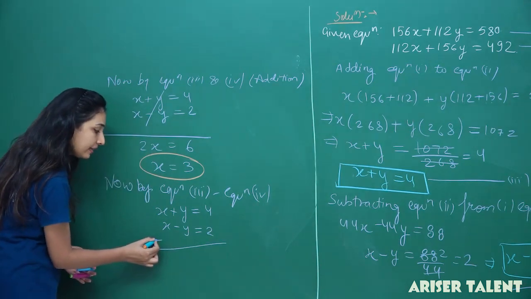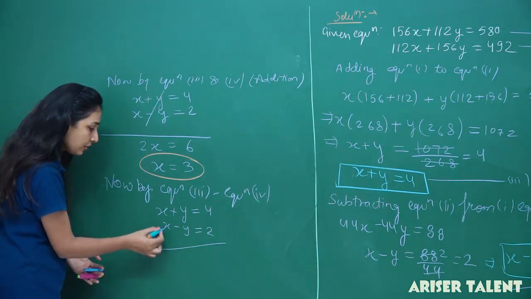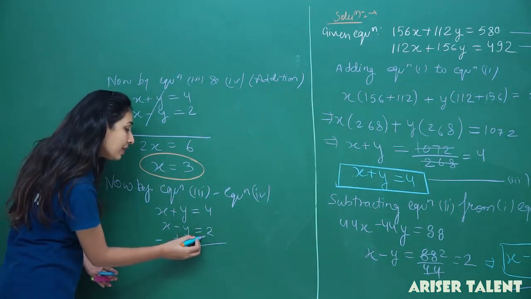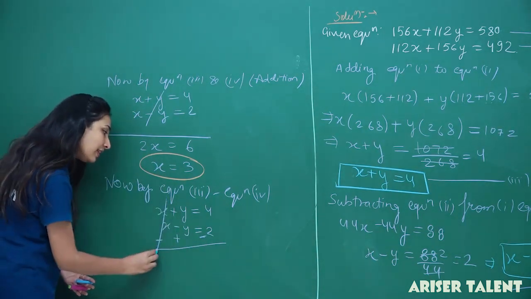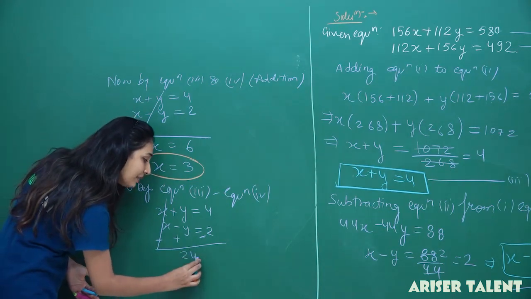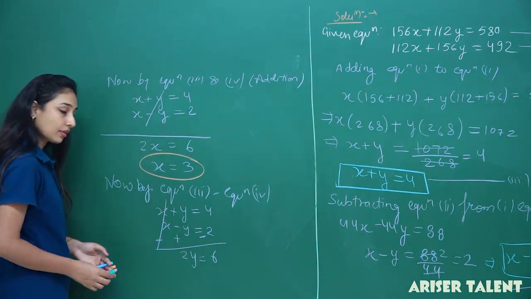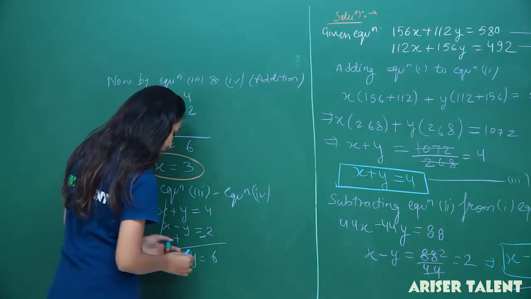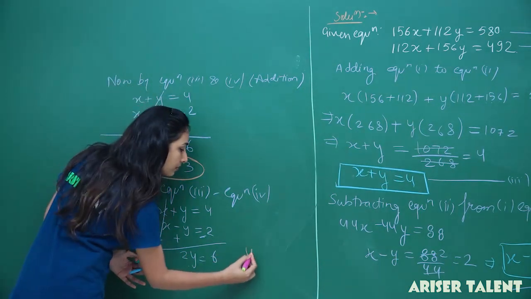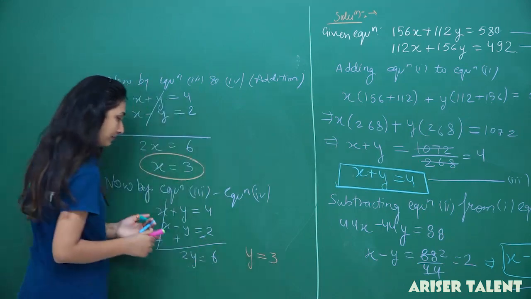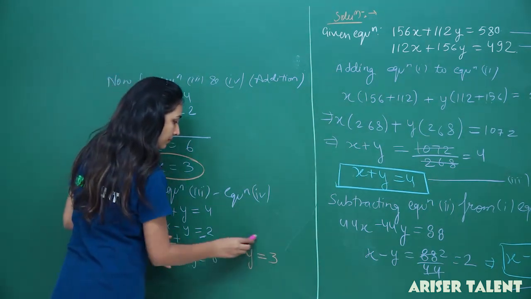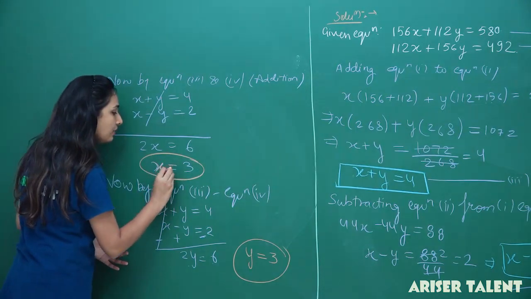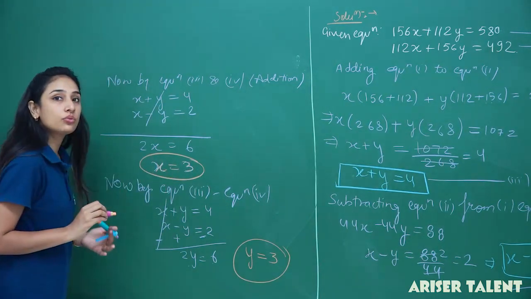When I subtract them, the sign will change. So that will become minus, that will become plus, and that will become minus 2. So this will cut this time and 2y will become equals to 6. That implies that y equals to 3. So students, x equals to 3 and y equals to 3.